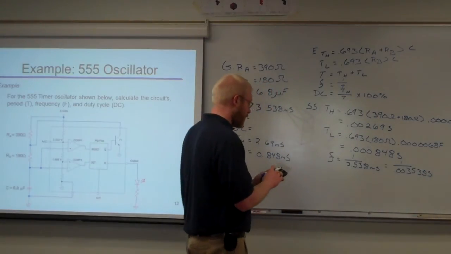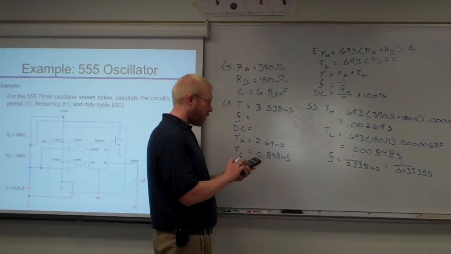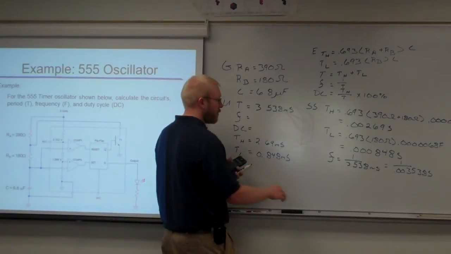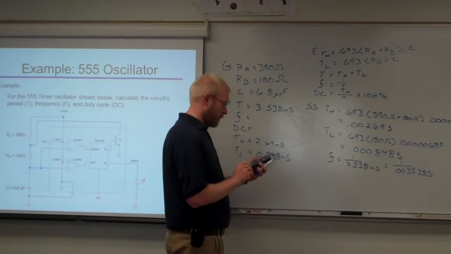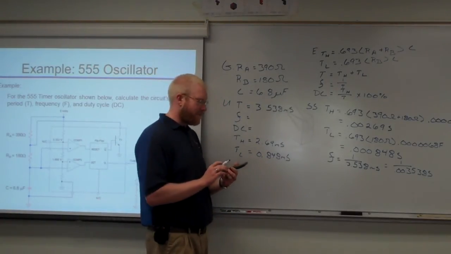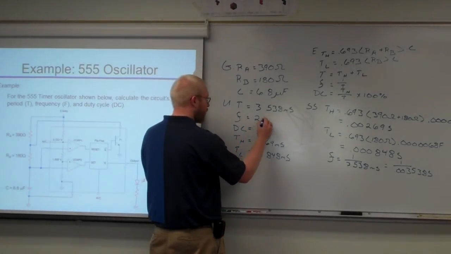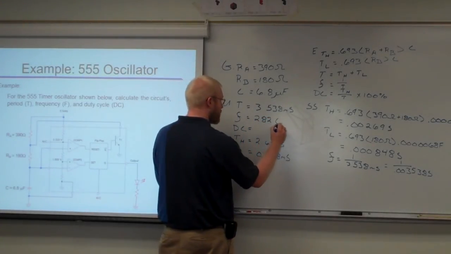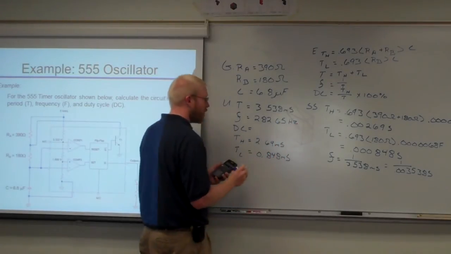So once again, I plug that into the calculator. 1 divided by 0.003538 seconds equals 282.65 hertz. So I'm going to put that right over here. Once again, I did round that off a little bit.